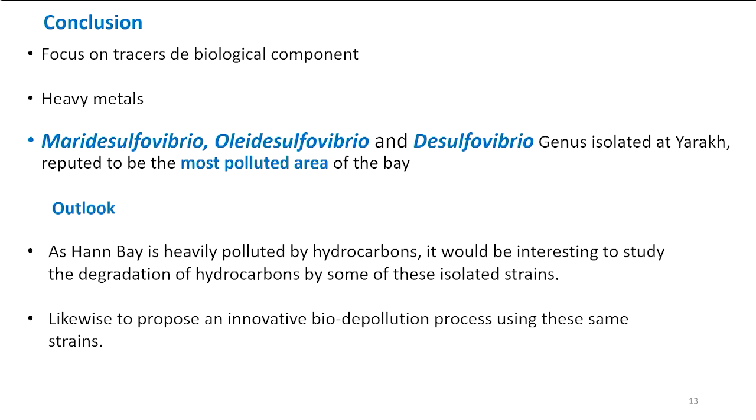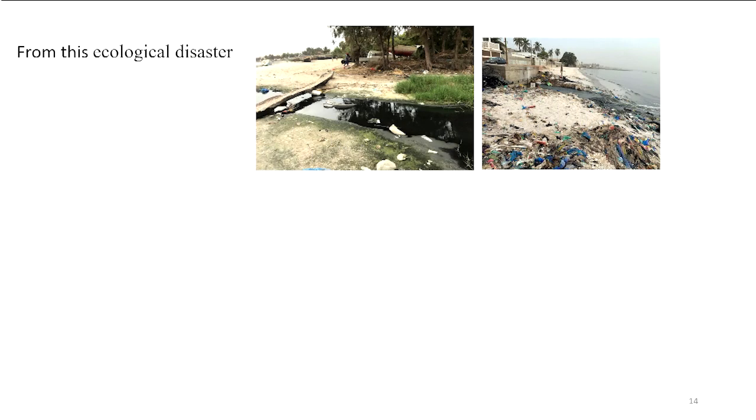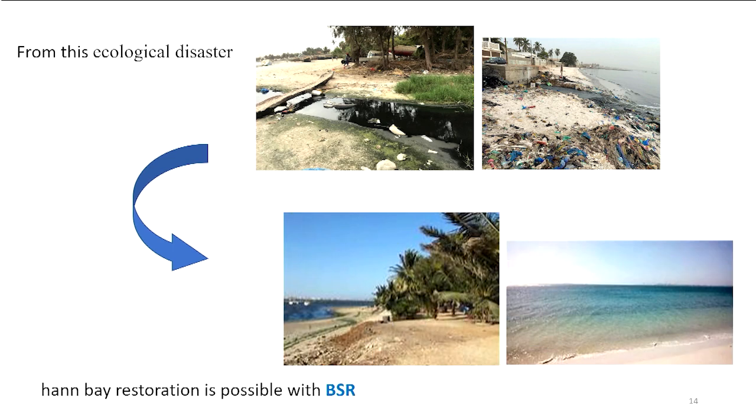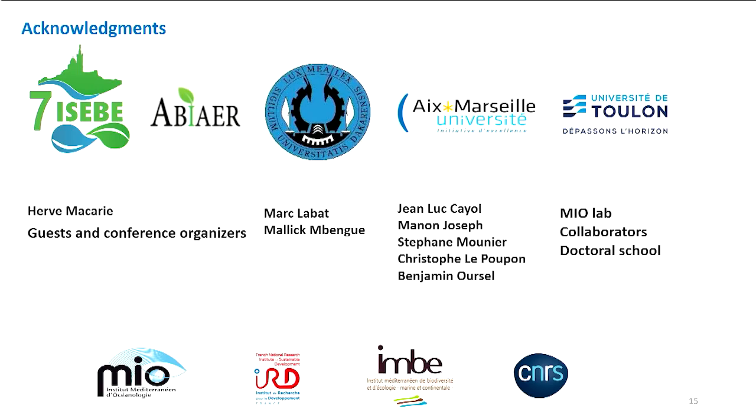For the outlook, using those strains, we want to see the degradation of hydrocarbons in the bay, and propose an innovative biodepollution process using the strains. So from the ecological disaster you can see in the picture to this one, we think it's possible with bay restoration. Thank you for your attention. And I would also like to thank Hervé Macari and his team.